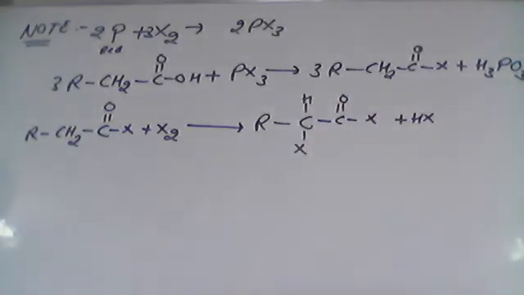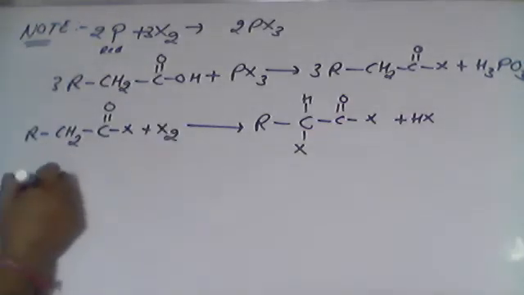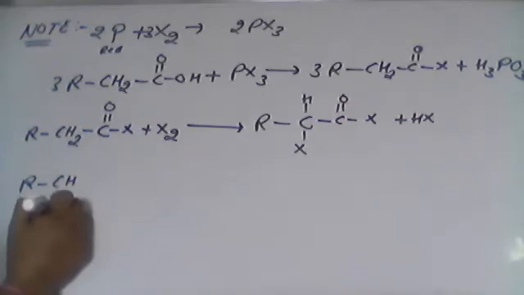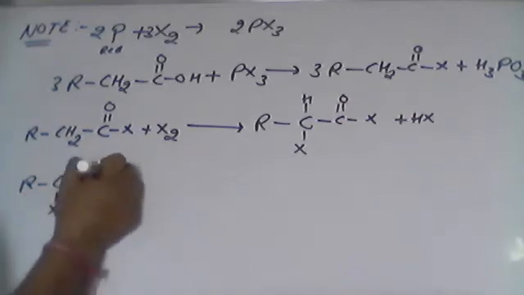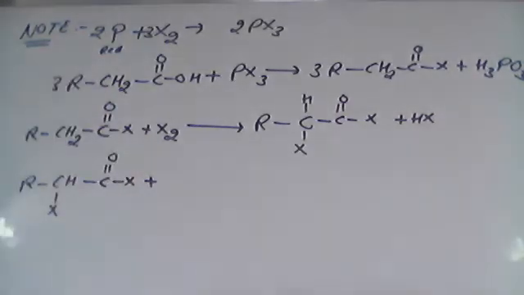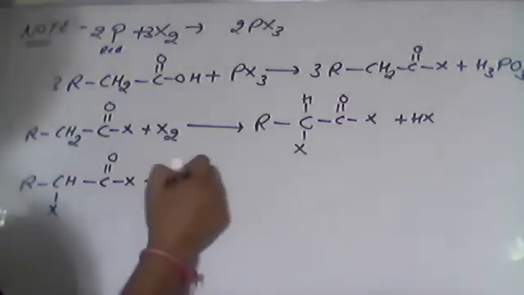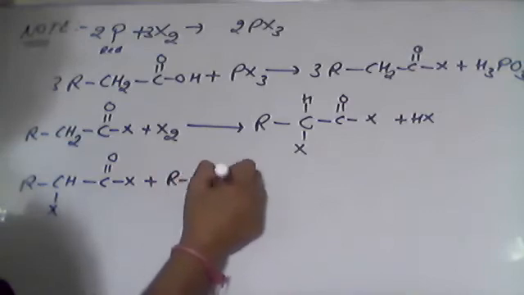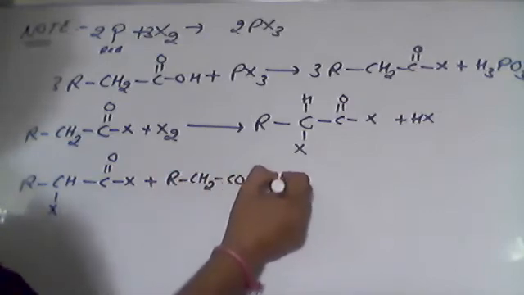And after that, in the next step, the fourth step, what is going to happen? Further, R, CH, X, C double bond O, X will react with another molecule of carboxylic acid, R, CH2, COOH.